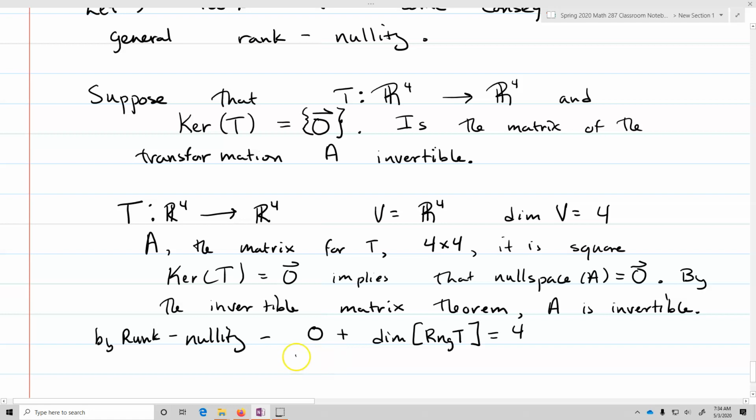So what that means is that the dimension of the range of T is going to equal 4. So if the dimension of the range of T equals 4, all right, and it's in a 4-dimensional space R4, that actually tells me that it's got to be all of R4. So the range of T equals R4. It also means that the column space of A equals R4.